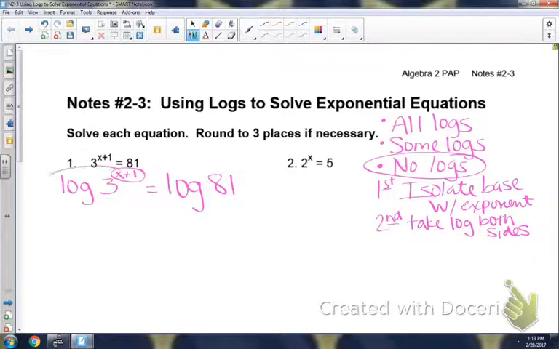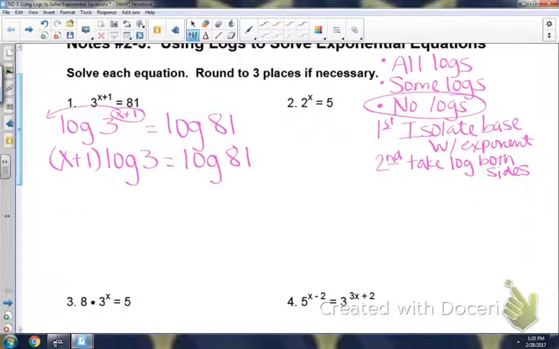Remember our law of logs, we can take the exponent and make it a coefficient in front of that log. Okay, so we're trying to solve for x. So we got rid of the exponent, made it a coefficient. Now I need to get rid of this log term. So what I can do is I can divide both sides by the log of 3.